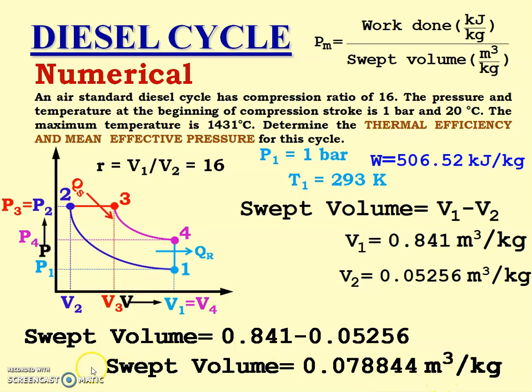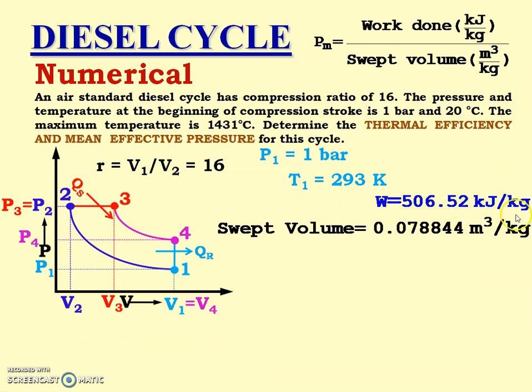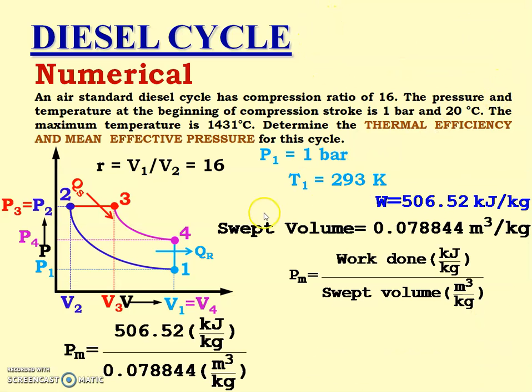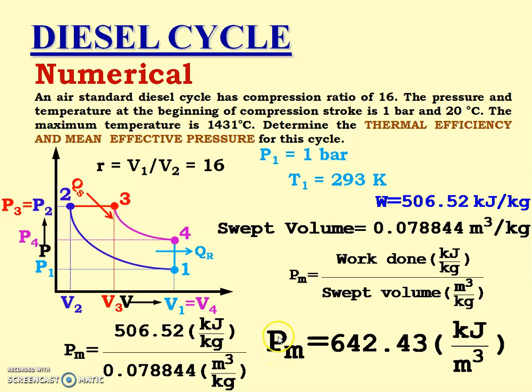So we have calculated the swept volume in meter cube per kg. We have already calculated the work done in kilojoule per kg. Substitute these two values in the equation of mean effective pressure. Calculating PM, the mean effective pressure, is 642.43 kilojoule per meter cube.